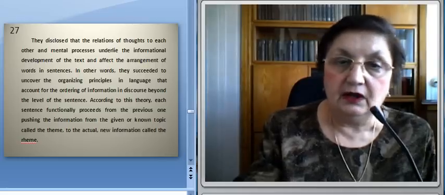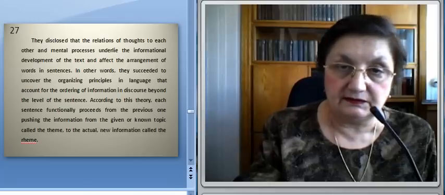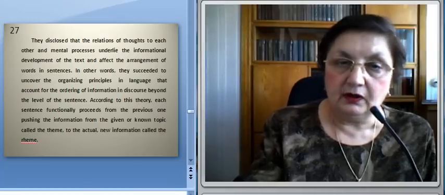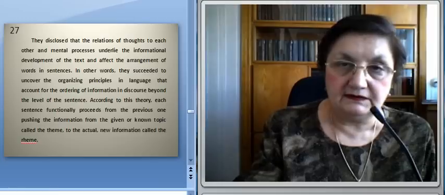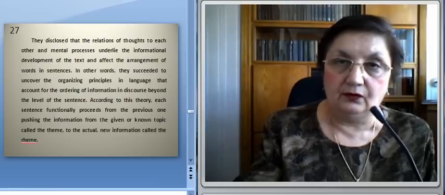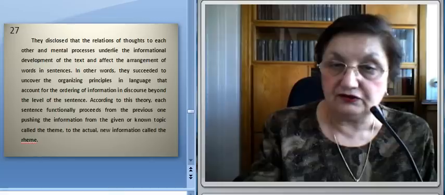According to this theory, each sentence functionally proceeds from the previous one, pushing the information from the given or known topic called the theme to the actual new information called the rheme.